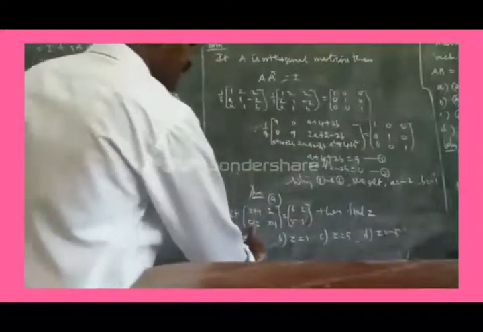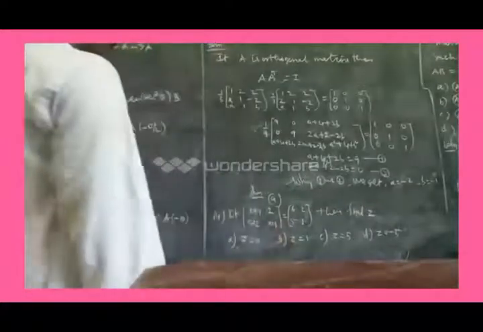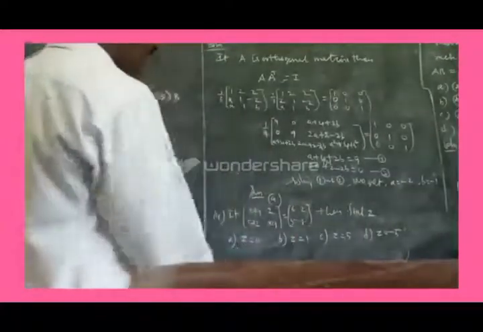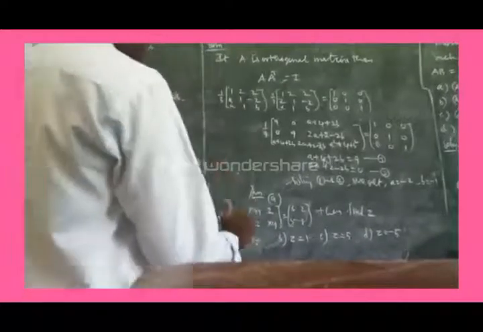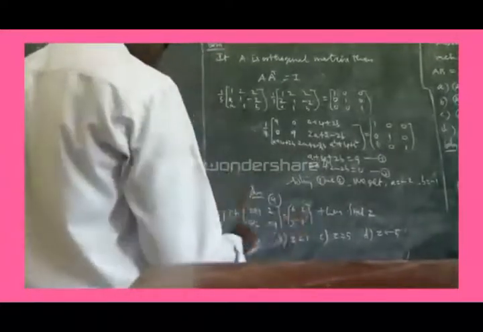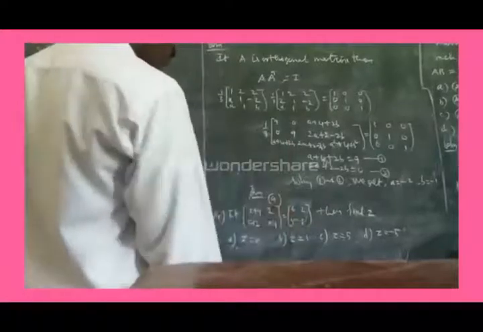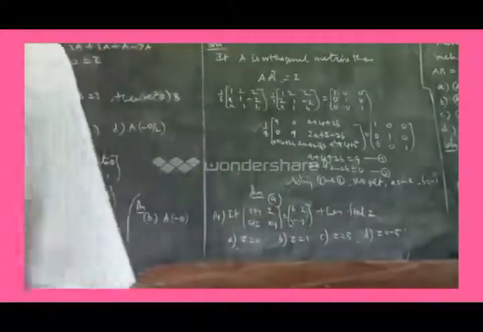This term is equal on both sides. This term is equal on both sides. 5 plus Z equal to 5. So Z equal to 5 minus 5, 0. Z equal to 0. So option A is correct.